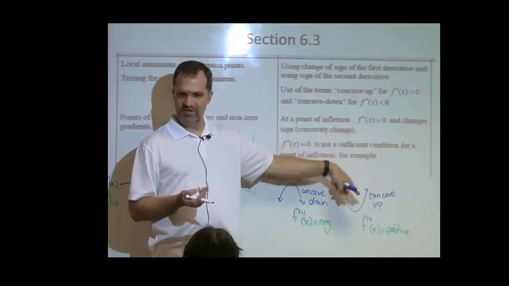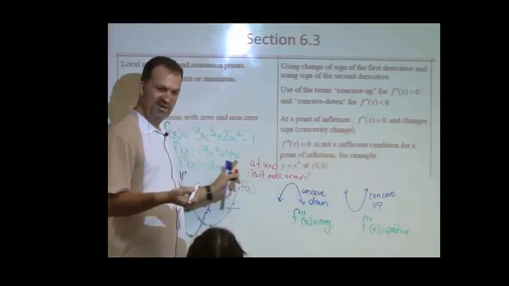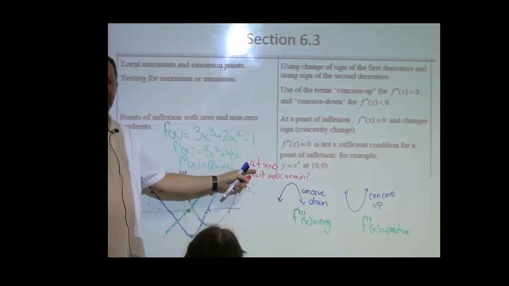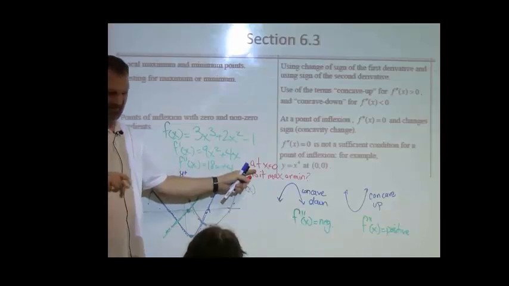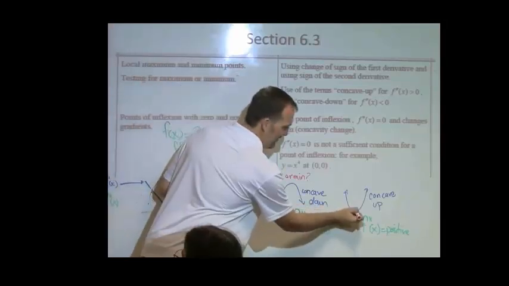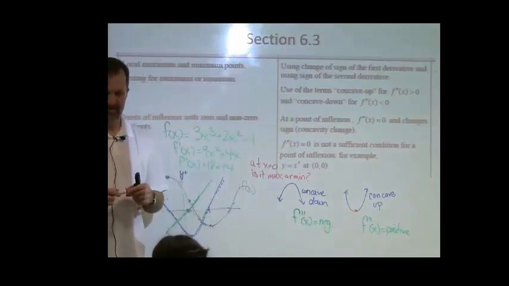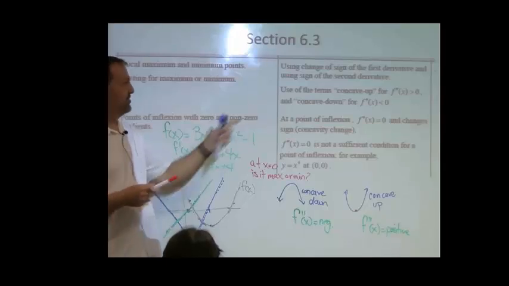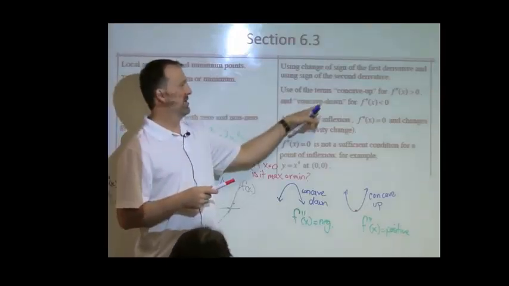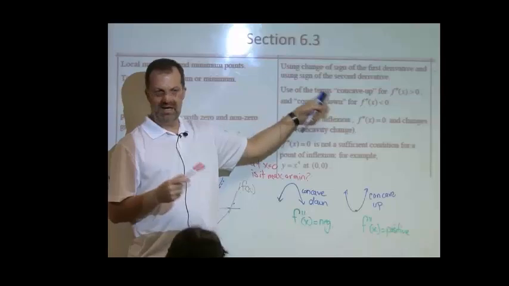The function is concave up, which means at x equals 0, it's a minimum because it's down there. I got you. Okay?